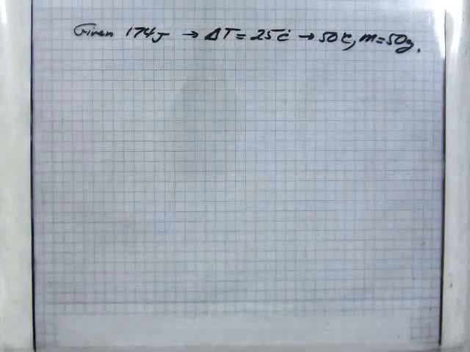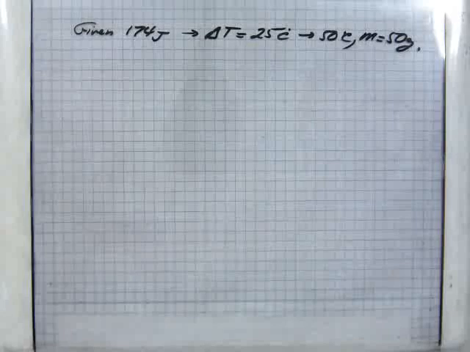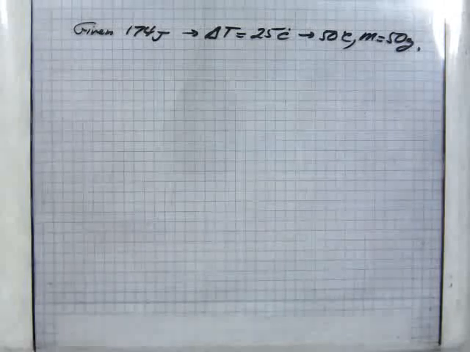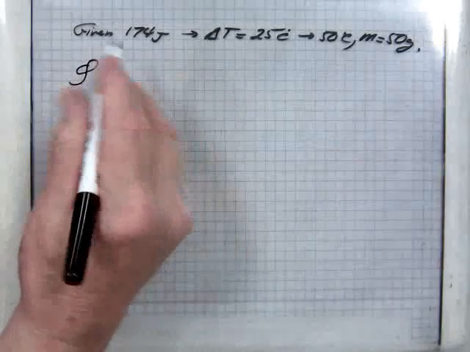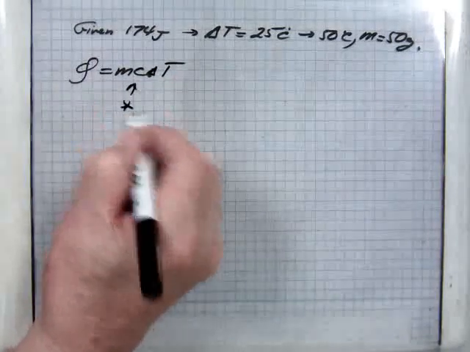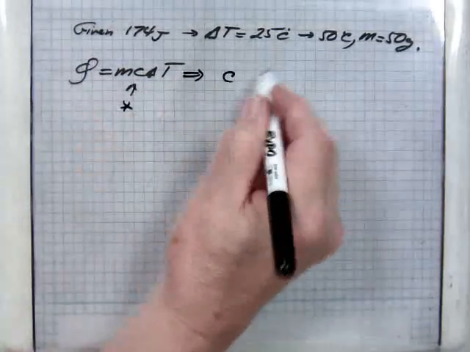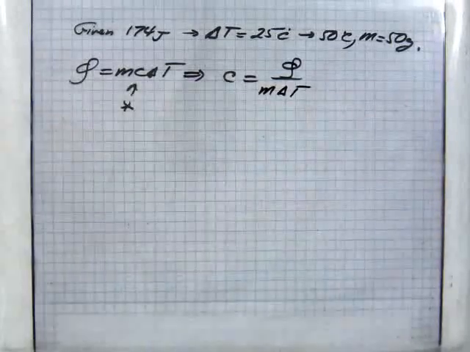Okay, we're given 174 joules, heated the sample from 25 to 50, and we have a mass of 50 grams. There we go. Okay, so it's temperature change, so Q is equal to MC delta T, but what they're asking for is the specific heat, so you solve for specific heat and substitute and solve.